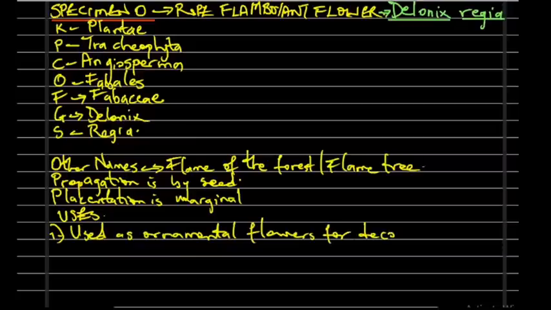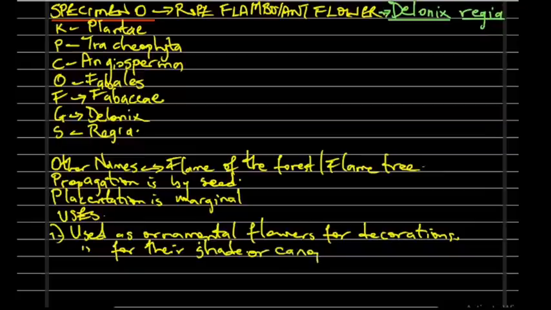And also used for their shade. Yes, it forms a canopy. So people actually use it for its shade. Now, if you look at the flower itself, because we're actually talking about the flower, the flower has 5 red and sometimes it could be yellow spatulate petals.